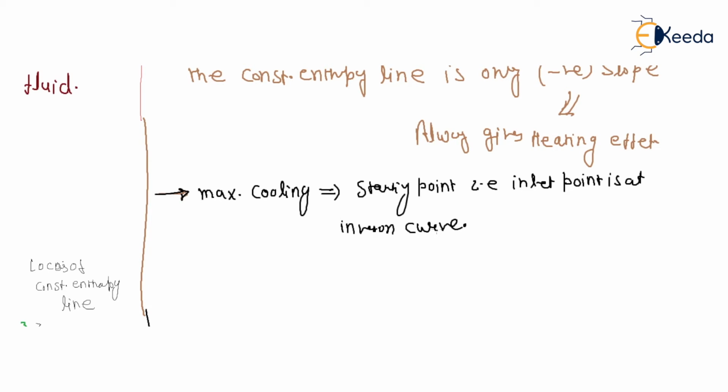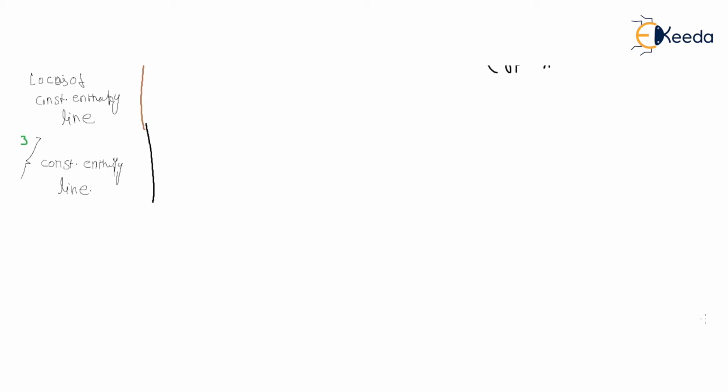Right? So if we find the maximum cooling effect due to throttling, then our initial point should be at the inversion curve. That is, for maximum cooling, our point starts where? Dou T over dou P at constant enthalpy is 0. यहाँ से हमारा point start होना चाहिए. Right?